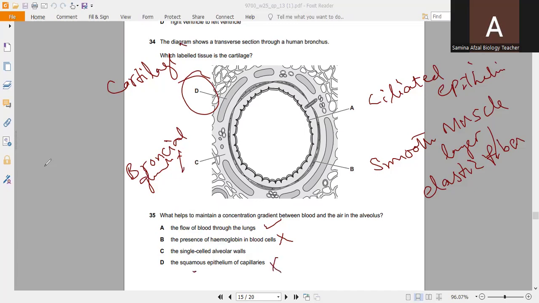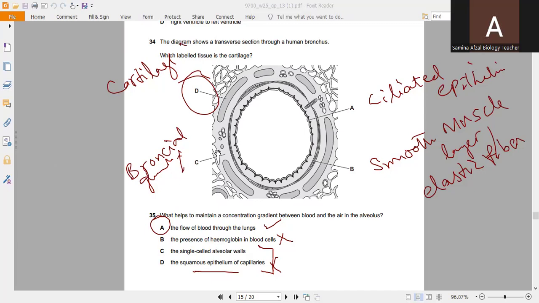Both are not correct. So only A is the correct option, the flow of blood through the lungs, which maintains the concentration gradient between blood and the air in the alveoli.